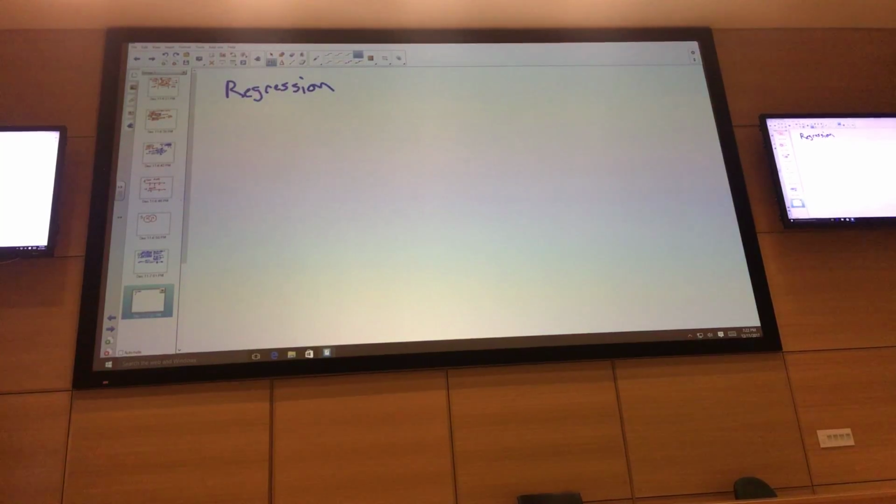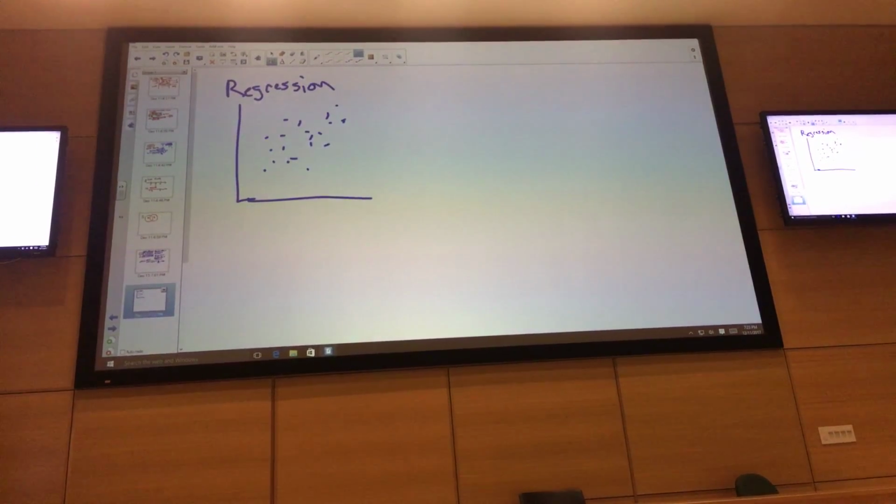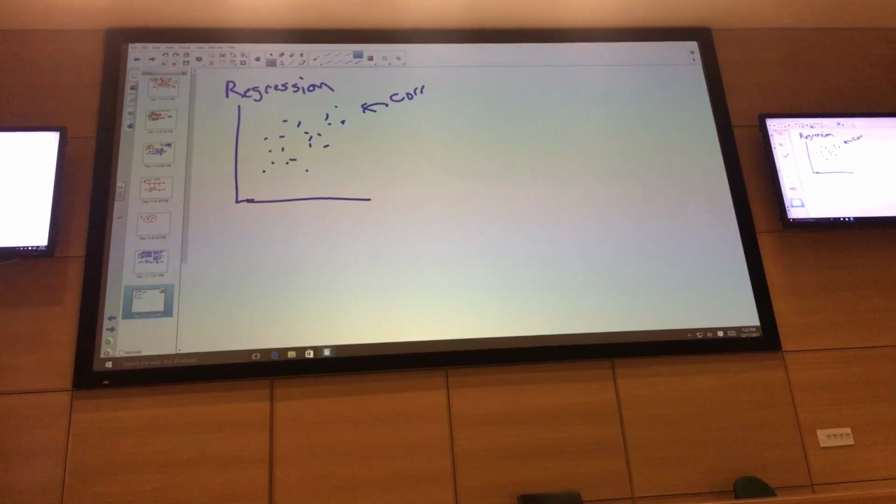But the main idea of regression is if you were to scatter plot a bunch of data points that coincide, we could find a correlation, which might be something like 0.7, and we can draw a line through that, the best fitting line. Regression is the act of drawing that best fitting line. Correlation is a number summary, whereas regression gives you the slope of this line, okay?